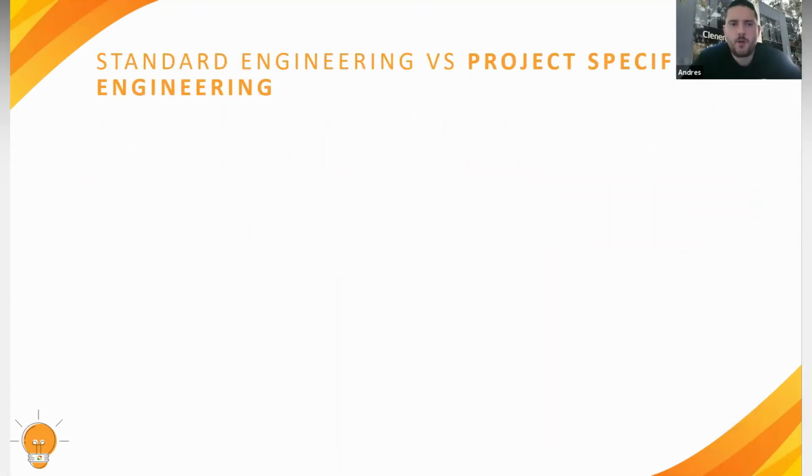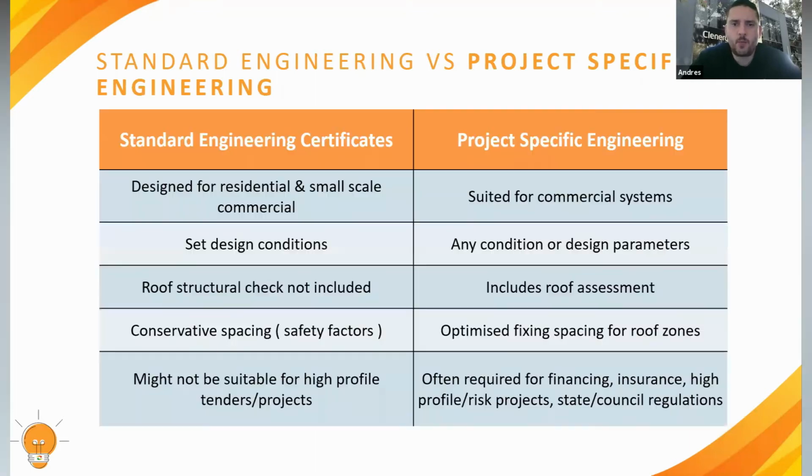So covering the two types of engineering that we've got at Clenergy, I'll give you a little more information on what these are. The standard engineering certificates are designed for residential and small scale commercial projects. They are a set of conditions to cover a range of wind regions, terrain categories, building heights, and also roof pitch and elevation.